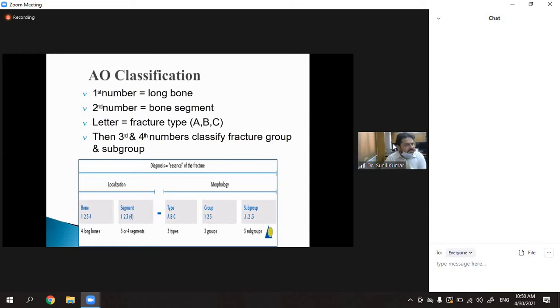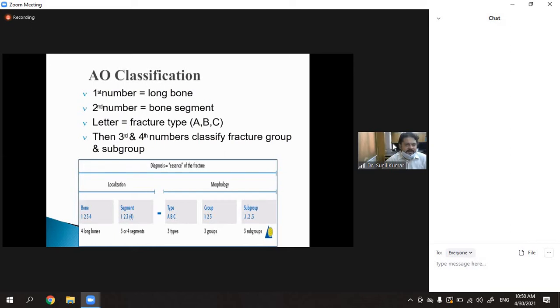The second is the AO classification, used for communication, as already described, and to know the treatment and outcomes of the bone fracture. In the AO classification, the first number describes which long bone it is, like humerus, radius, ulna, femur, or tibia.